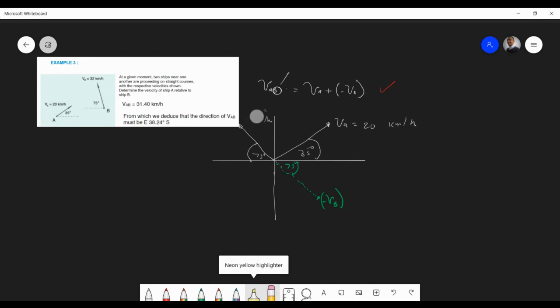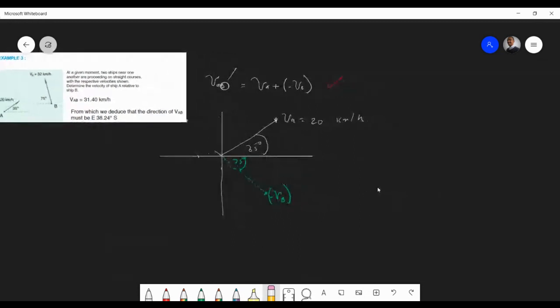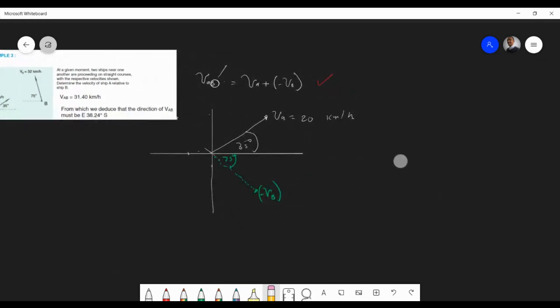Once we've done this, now we can finally start our analysis. That is, now we can start finding the components. What I recommend, what I like to do, is open up a table. I should make my columns of equal width.